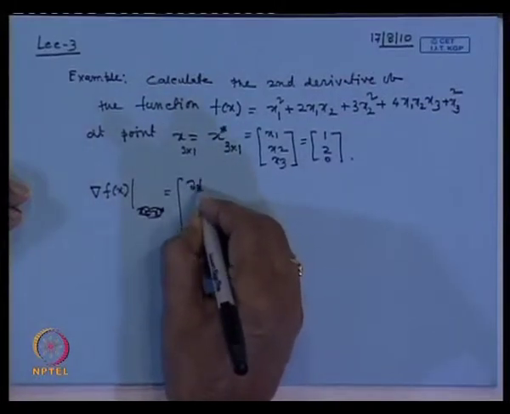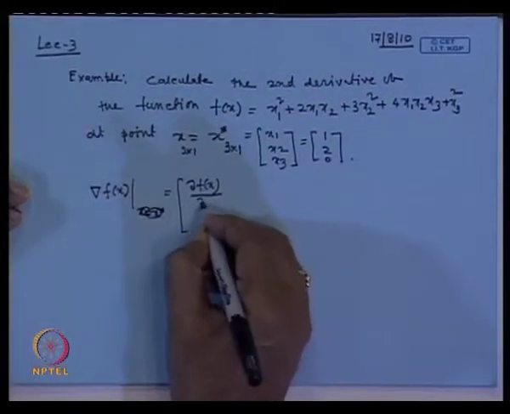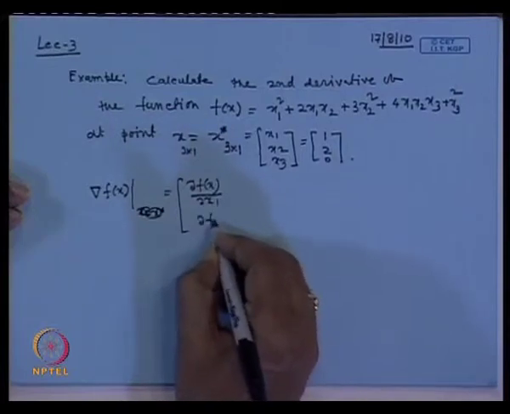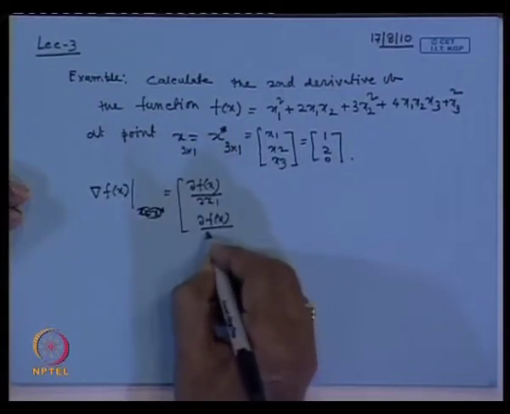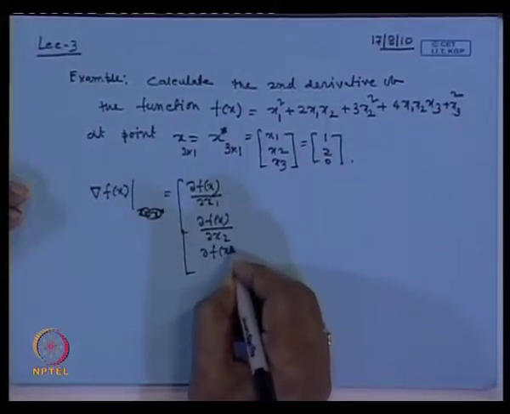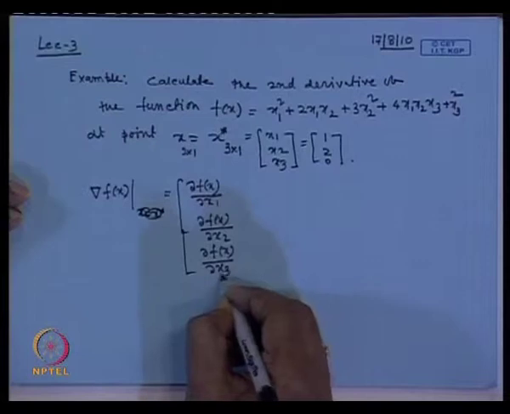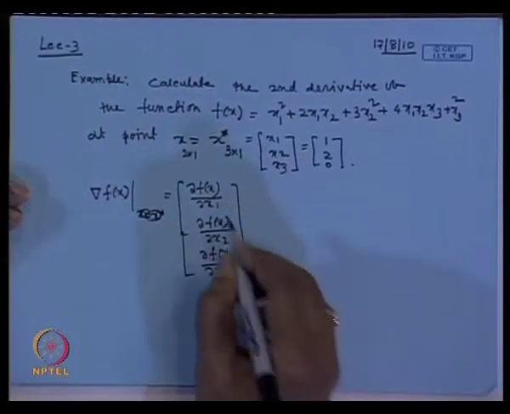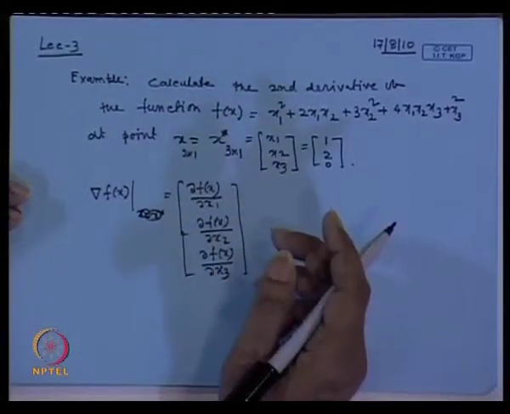First you find the gradient of this one, which is nothing but del f of x with respect to x 1, then del f of x with respect to x 2, then del f of x with respect to x 3, since we have 3 variables, the function f of x is a function of x 1, x 2 and x 3.